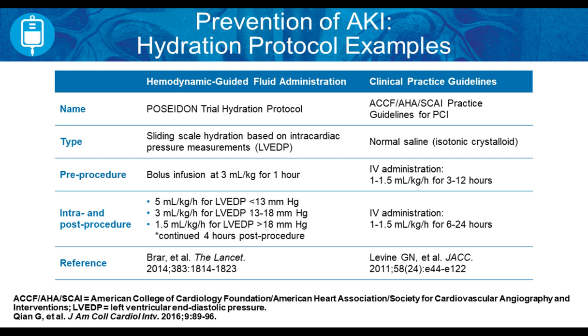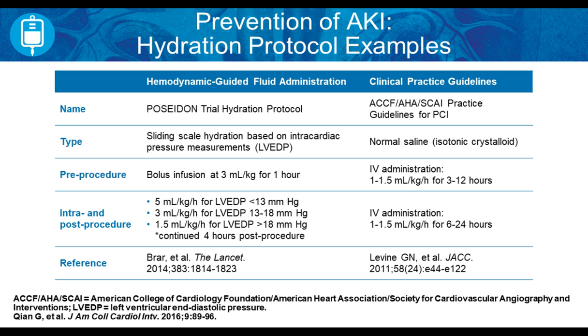Now, in terms of the amount of hydration with whatever solution is chosen, as I mentioned, that really depends on the patient's hemodynamics. This is data from Dr. Brar's POSEIDON trial, which was a very elegantly designed trial that indicated that what one needed was a sort of sliding scale for hydration based on the hemodynamics, i.e., if the LVEDP is low, you want to give the patient more hydration, and that optimizes their outcome.